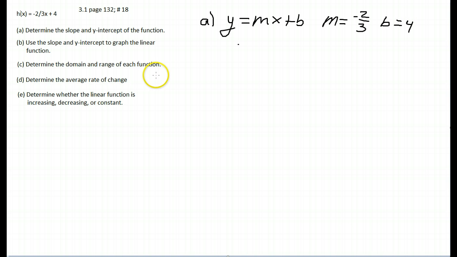Now, part B, we are using the slope and the y-intercept to graph our linear function.